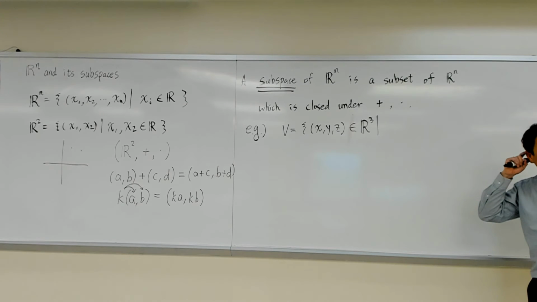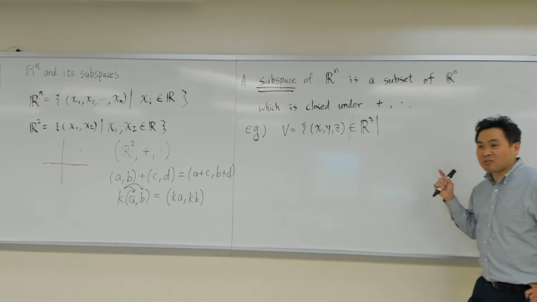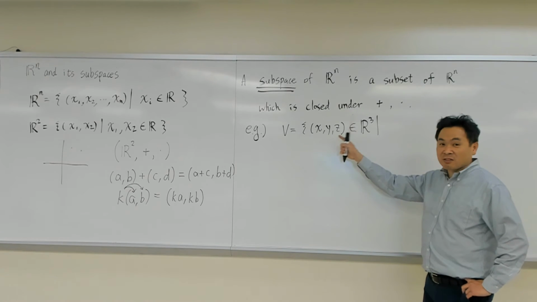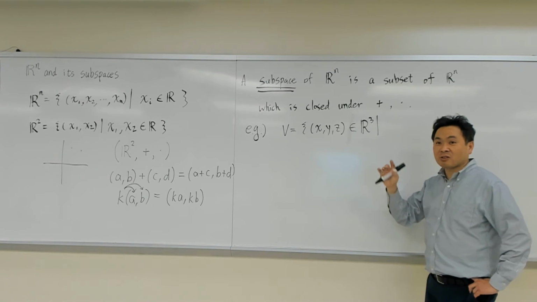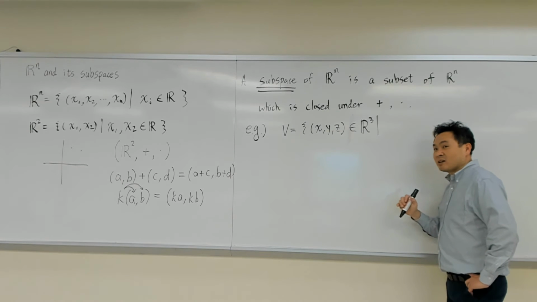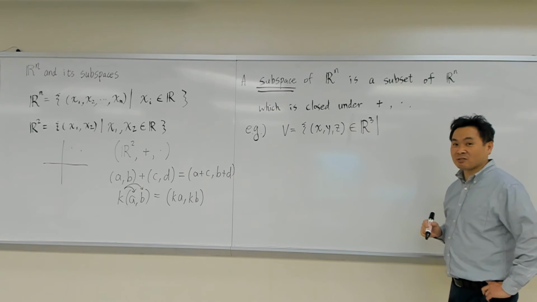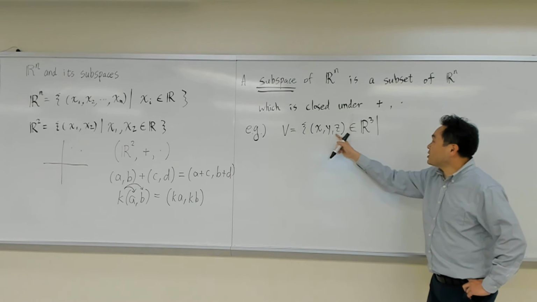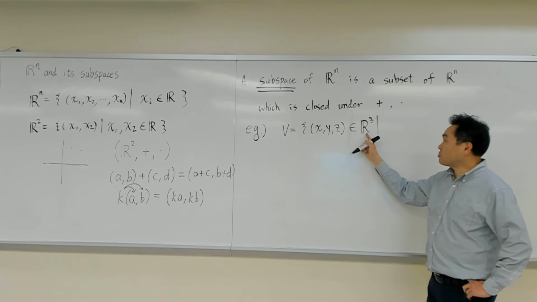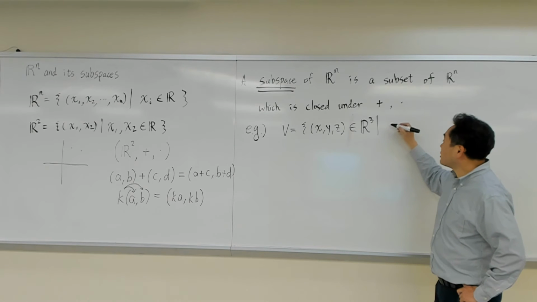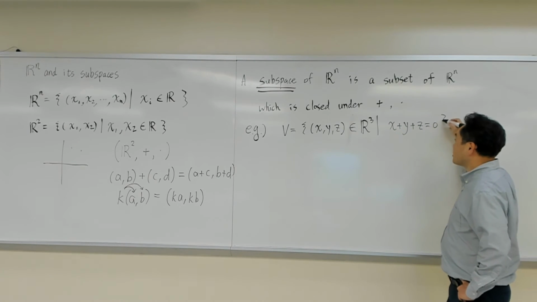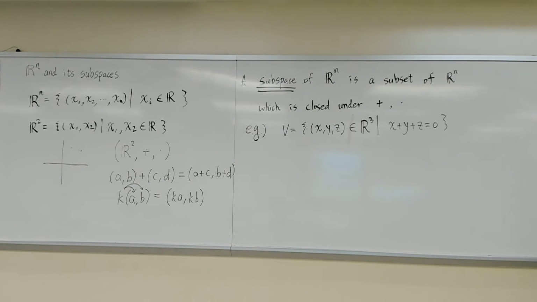Being able to write set theoretical notation is pretty important in this class. So when I write these set theoretical notations, try to understand what I'm saying and see if you can write similar things, especially when you do your homework too. Okay. All right. So (x, y, z) belongs to R3, but with an additional property that x plus y plus z equals 0. Okay. That's an example of a subspace.